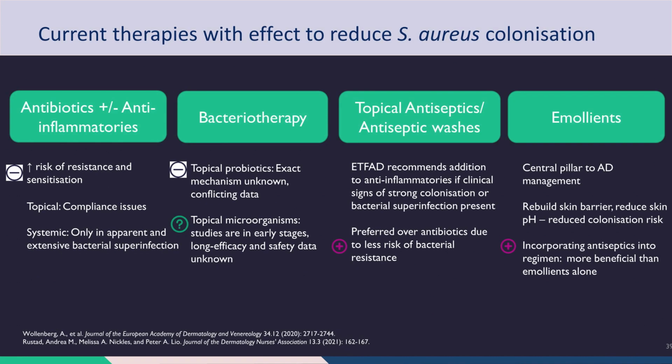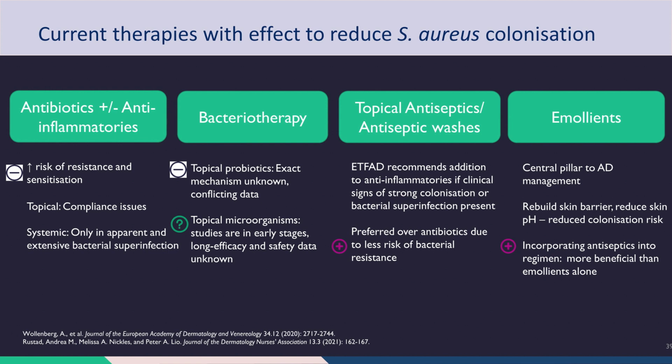So current therapies to reduce Staph aureus colonization. What do we have? Antibiotics. We know even topical antibiotics can increase the risk of resistance and sensitization. With the topicals there's a compliance issue, and then systemics. I use them when it's very extensive, otherwise I tend to stay away from them if I can. Okay. Bacteriotherapy, topical probiotics: we don't know, there's conflicting data.